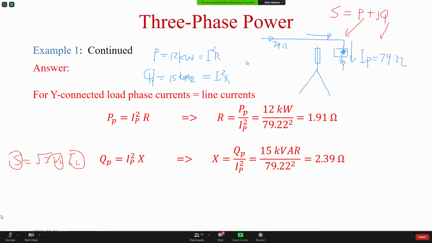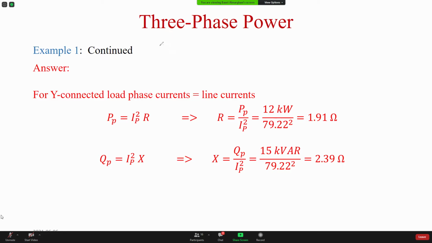So keep in mind, P in a three phase equals 3 V I cosine angle. Now those are phase values. Or 3 under the square root, V line, I line, cosine the same angle as in the previous one.